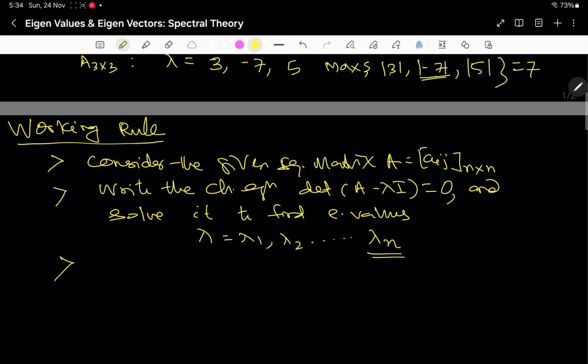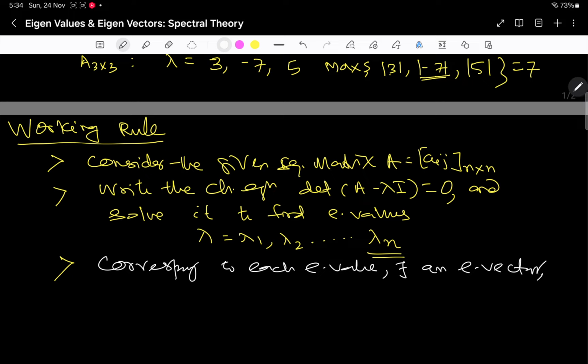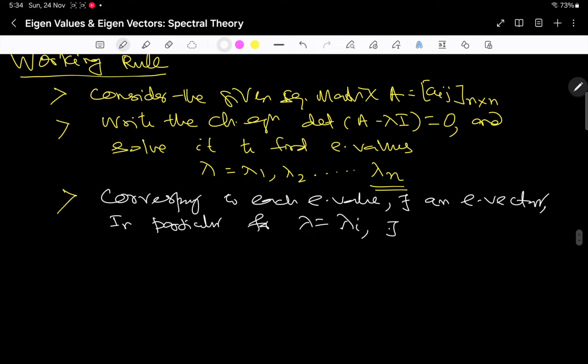Then corresponding to each eigenvalue there exists an eigenvector. In particular, for lambda equal to lambda i, there exists xi not equal to 0 such that (A minus lambda i I) into xi is equal to 0.